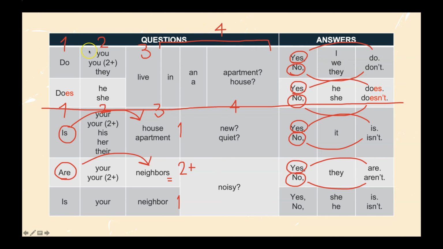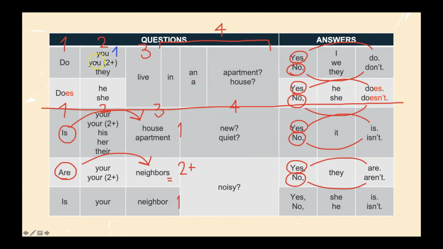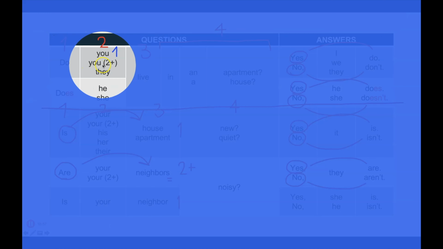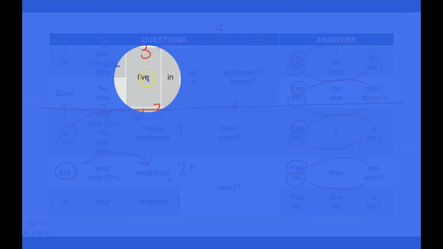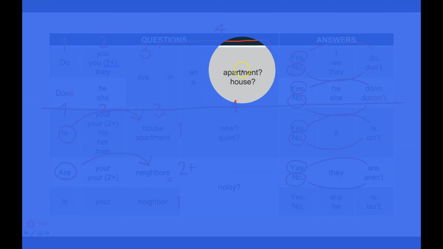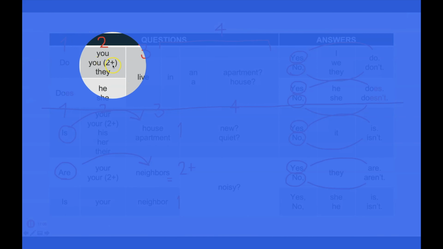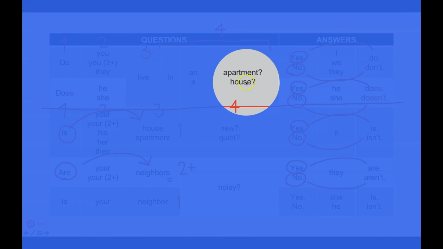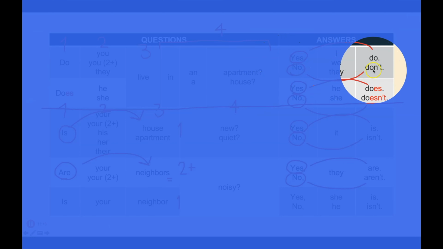Next, so we still have do. Do you for one, or do you for two or more. So do you live in an apartment? Yes, I do. Do you, two or more, live in a house? No, we don't.